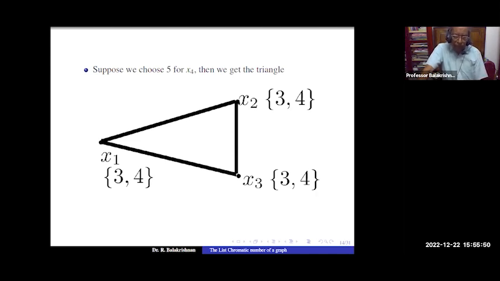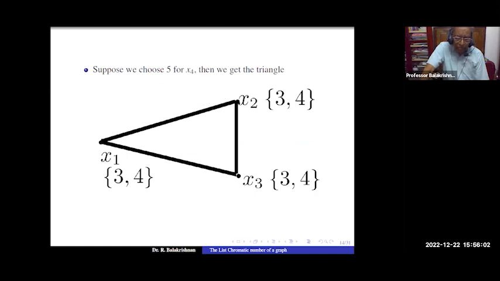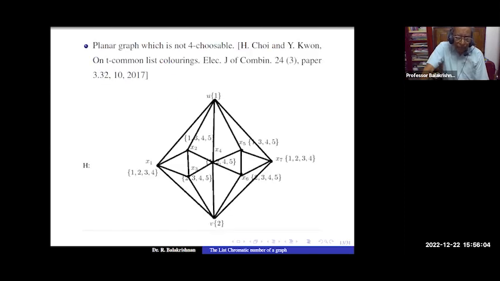So what I do is, next one please, the previous one, and the previous one. Yeah. So what I do is, I take this particular graph, and I take a K4, complete graph on 4 vertices, for example ABCD.